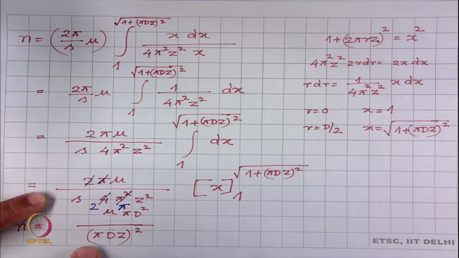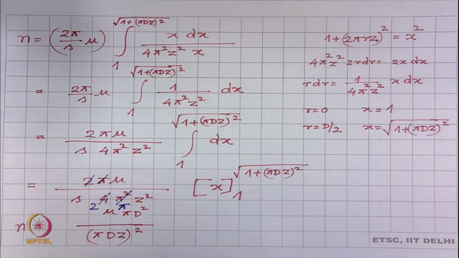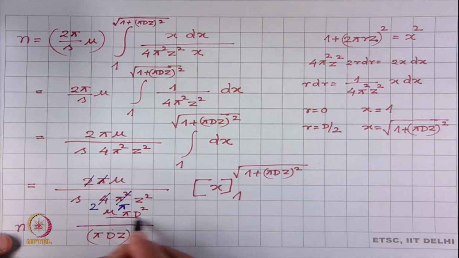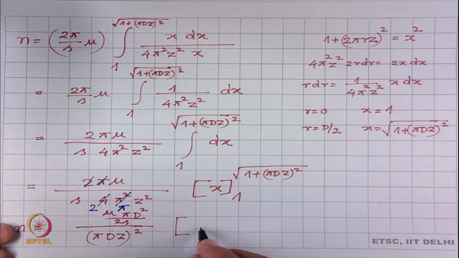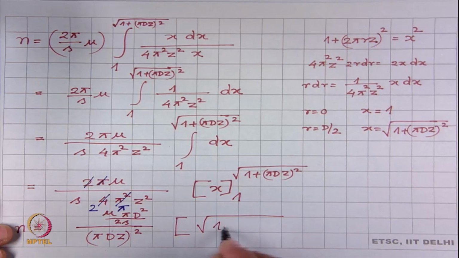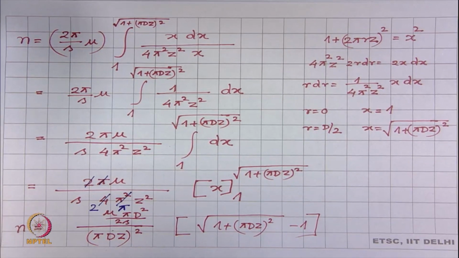So, pi square d square z square by pi z square, and then you will have this 2 times s.